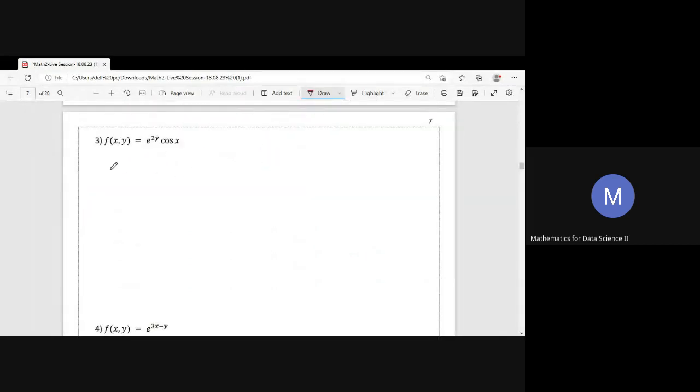Now for this function, what is your fx? Here you see, if you are considering fx, then e to the power 2y is just a constant. You can consider this as a constant, and this is simply minus sin x. Okay, and what is fy? 2 e to the power 2y cos x.